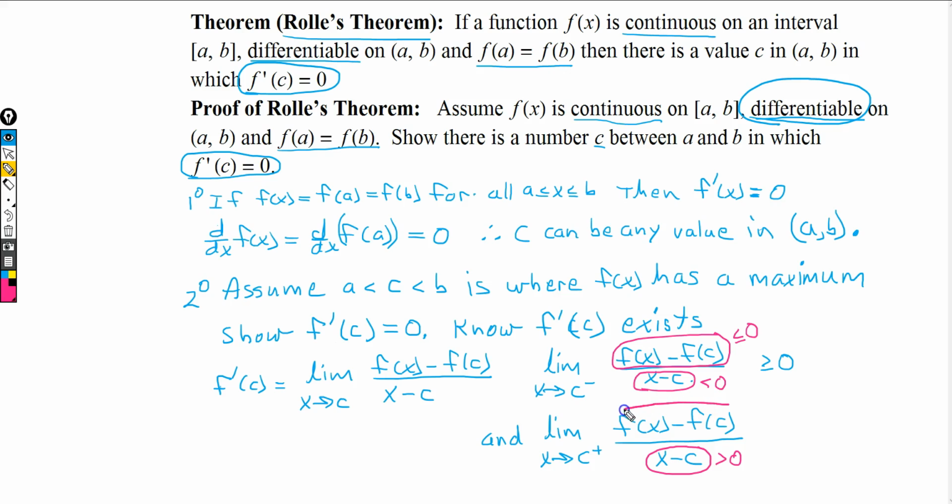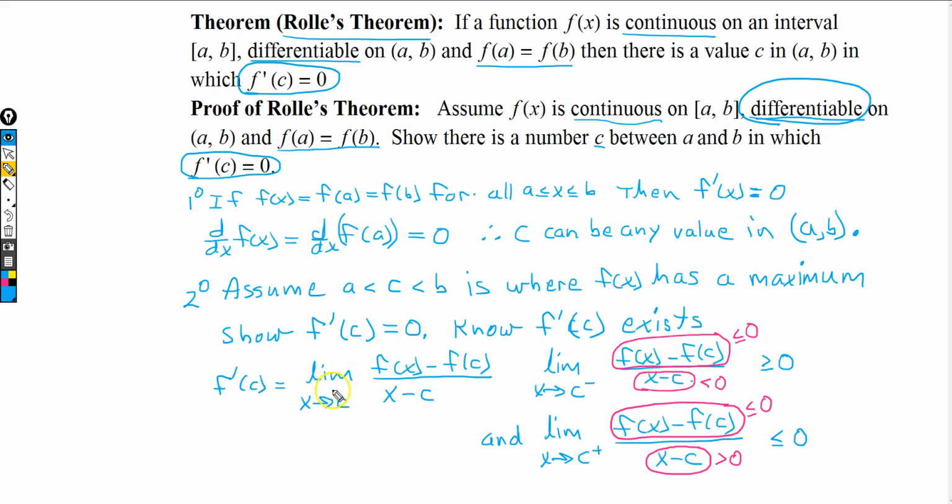The numerator, however, is still going to be less than or equal to 0 because f of c is a maximum for the function. And so this quantity will be less than or equal to 0 because you're going to be taking a number that's negative divided by a positive, that's going to be negative. And, well, it might also equal 0 if the numerator is equal to 0.